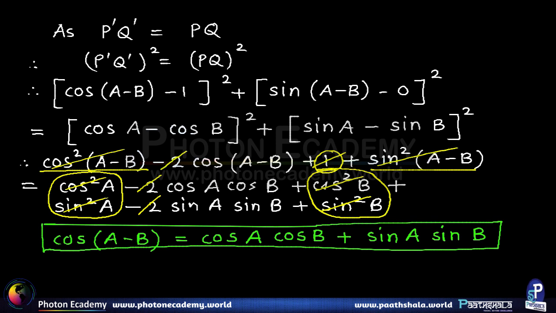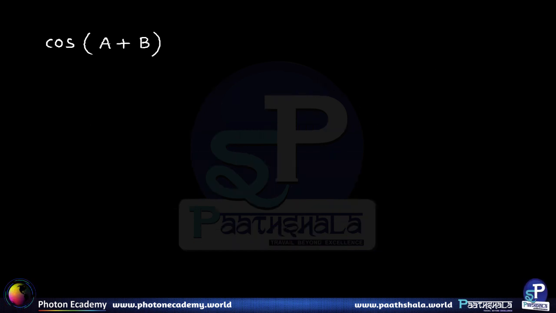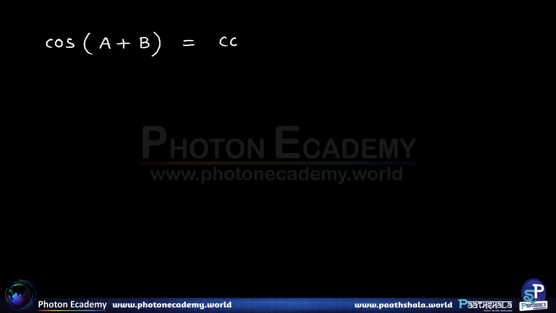So let us go to the next variation, that is, suppose instead of A minus B, what if we had A plus B? So how to find out that particular expression? If we have cos(A plus B), then we can easily write this in terms of the subtraction as cos(A minus (minus B)).